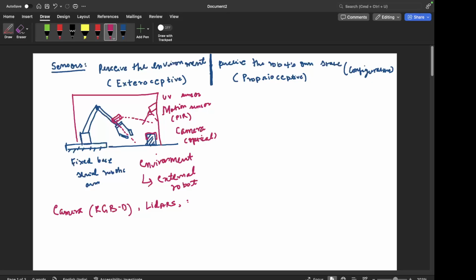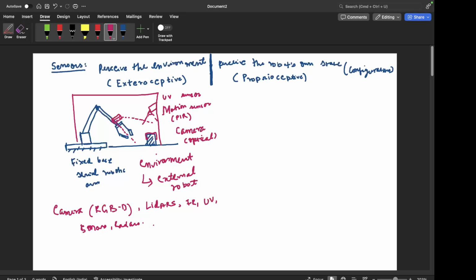And IR sensors, UV sensors. There are sonars, radars, all these sensors, they all help the robot to map its environment, to know where it is.